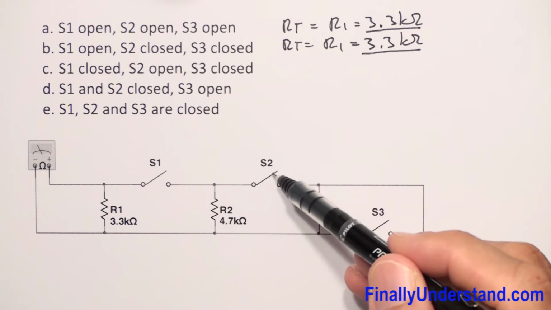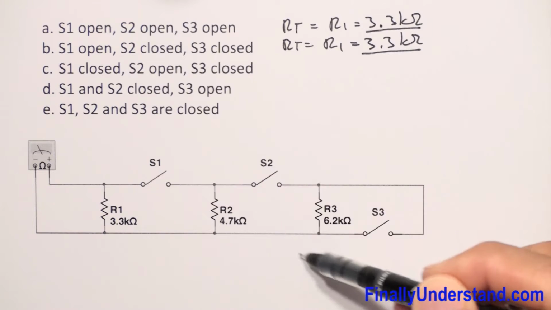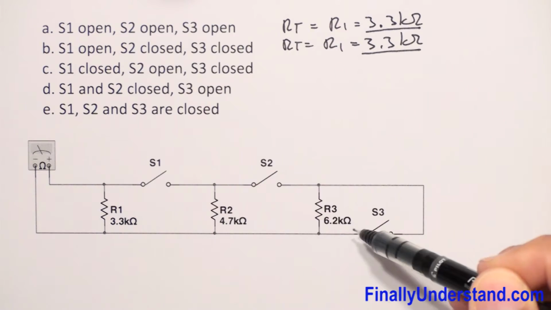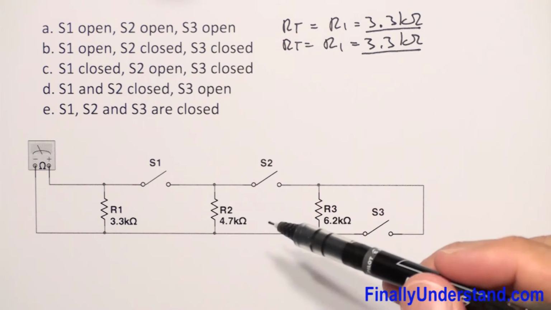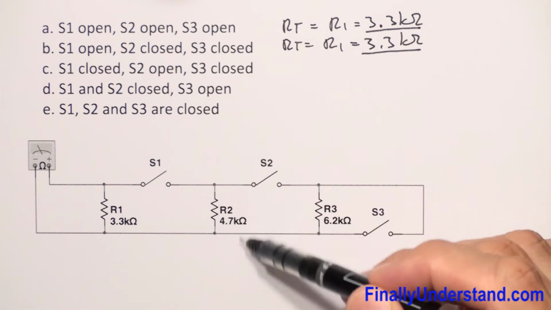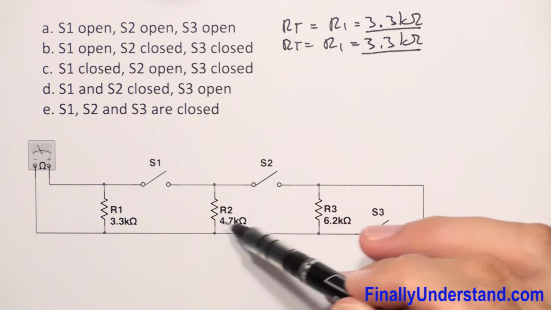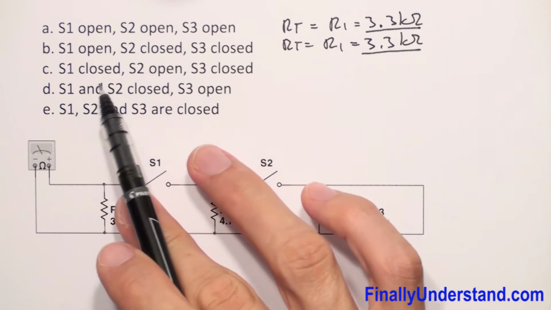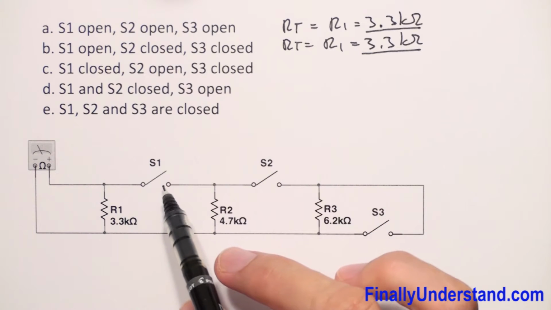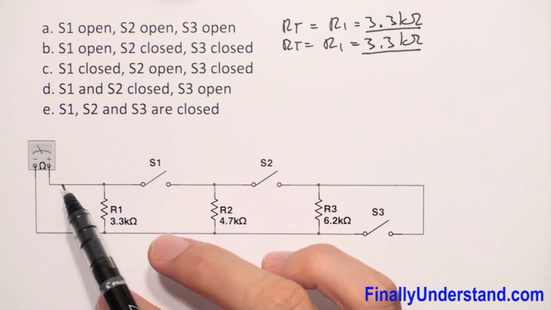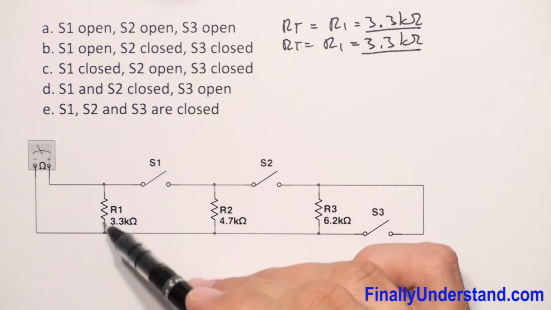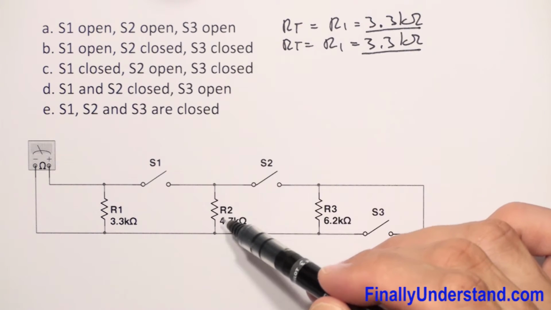So when switch 2 is open, no matter what happened in this section, this is not going to affect the reading of my ohmmeter. So I'm going to concentrate only on these two resistors, because switch 1 is closed. When switch 1 is closed, my current is going to split into two currents. I'm going to have I1 and I'm going to have I2.